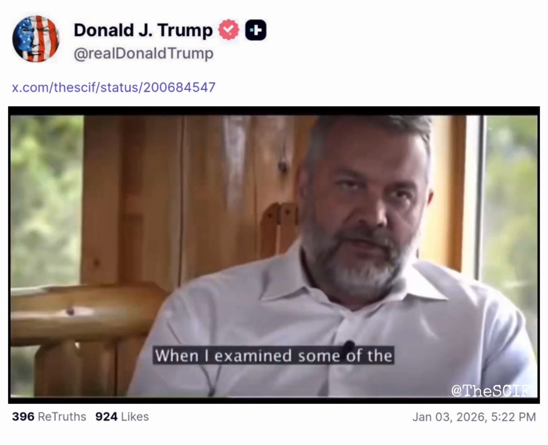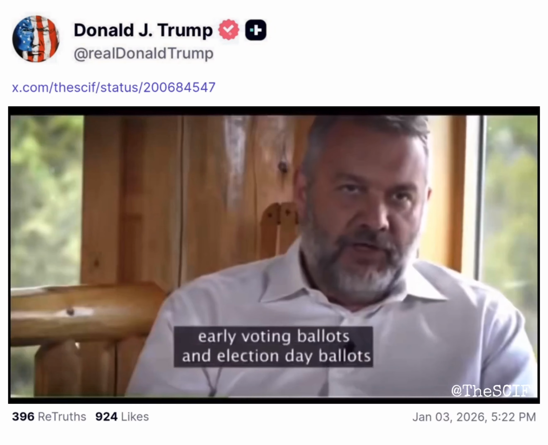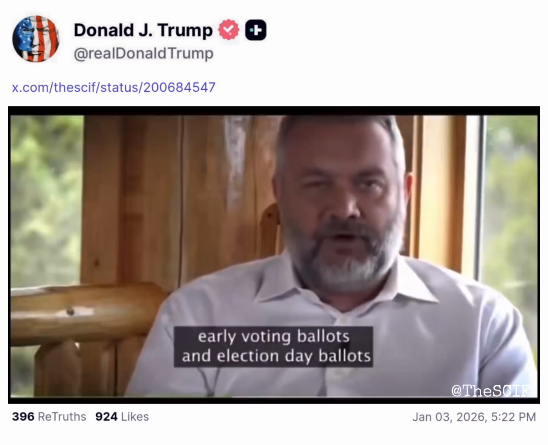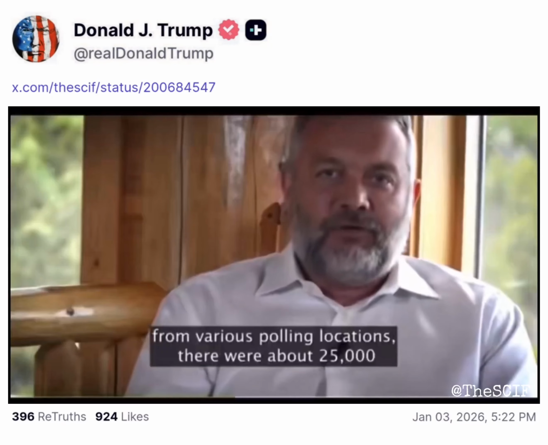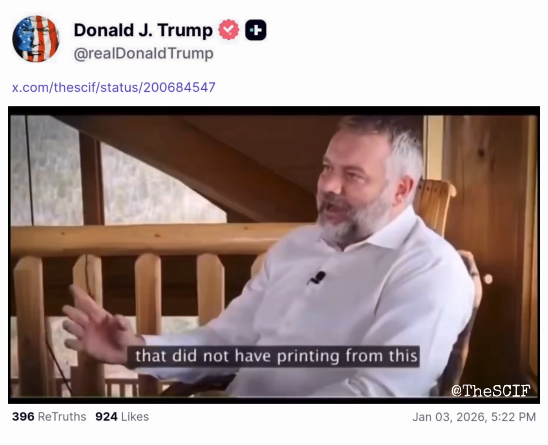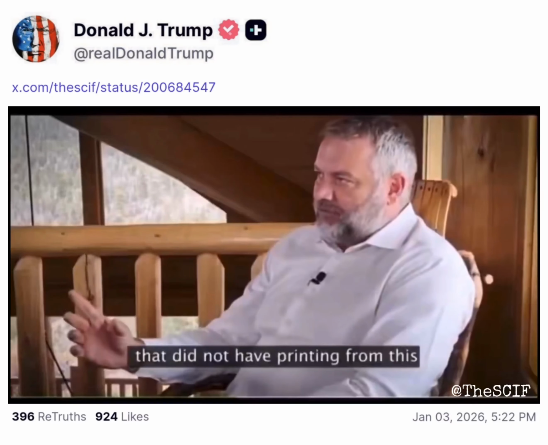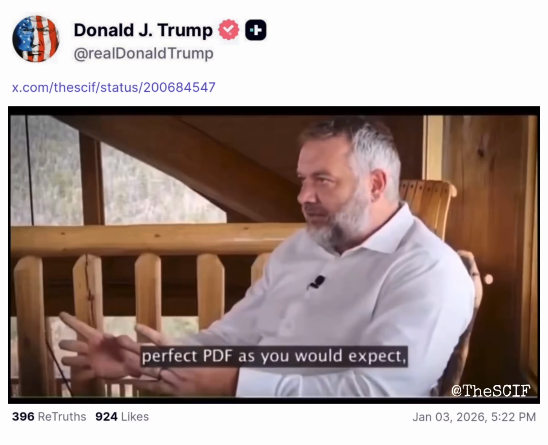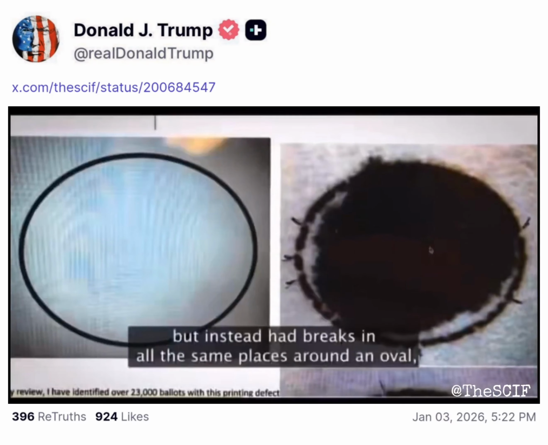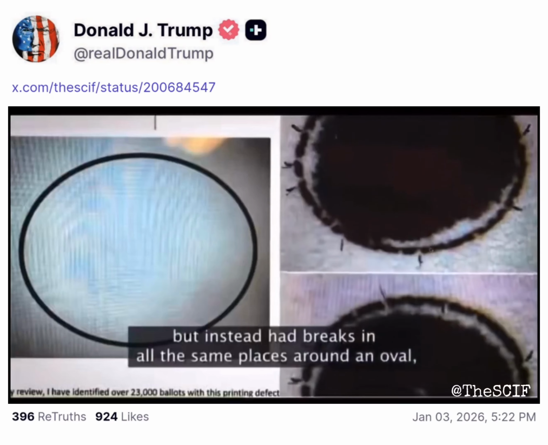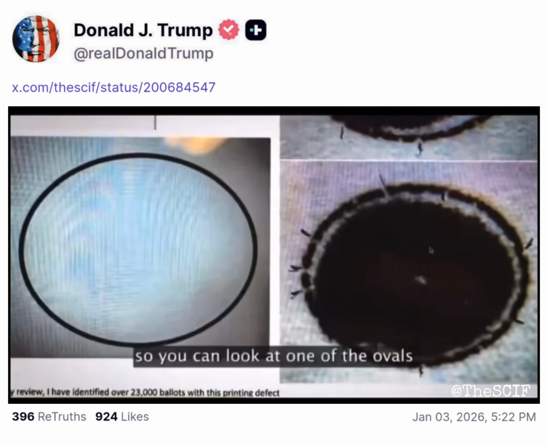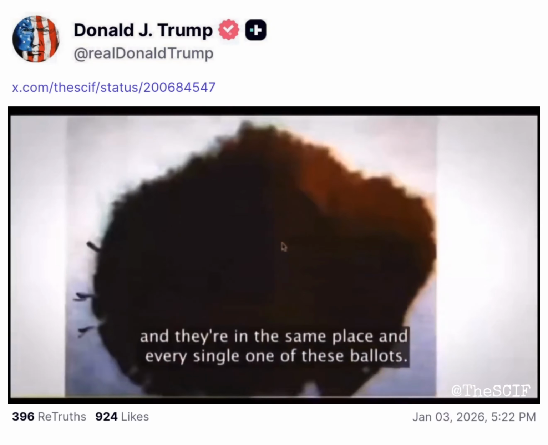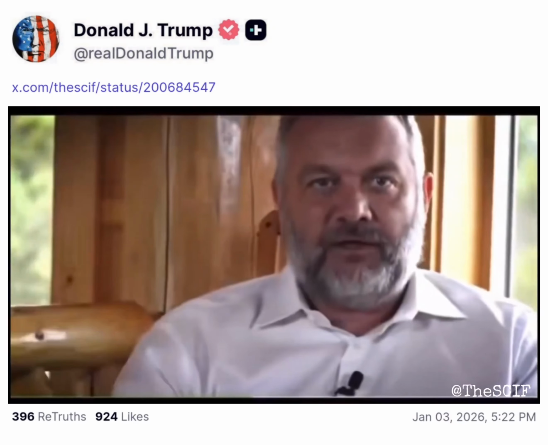When I examined some of the early voting ballots and election day ballots from various polling locations, there were about 25,000 that did not have printing from this perfect PDF, as you would expect, but instead had breaks in all the same places around an oval. So you can look at one of the ovals and there are imperfections in the line, and they're in the same place on every single one of these ballots.